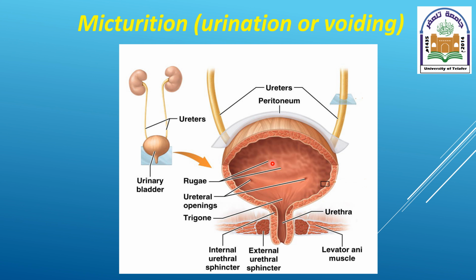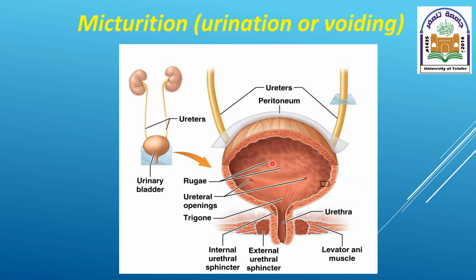The micturition process is a reflex process. It is regulated in the lumbosacral region and inhibited or initiated by higher centers, especially the pons. When urine starts to accumulate in the bladder in considerable amount, the stretch receptors will send signals to the spinal cord.